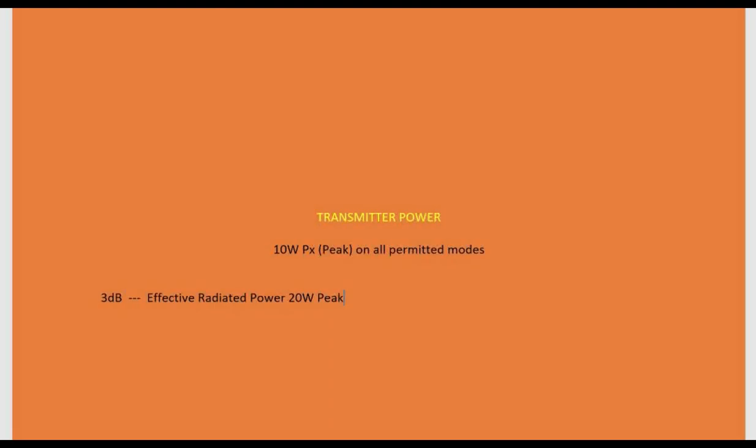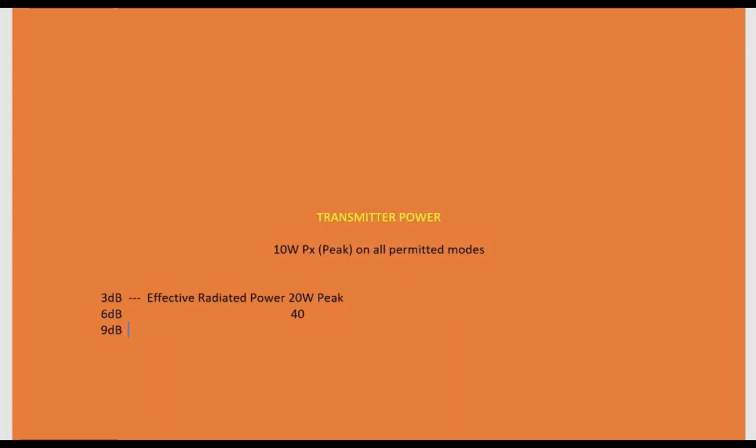So the antenna has a gain of 3 dB. You will effectively be using 20 watts. And if you had 6 dB, well, that's a doubling of power twice. So double 10 to get 20, double 20 to get 40. It's fairly difficult to get up to 9 dB, particularly with HF antennas.